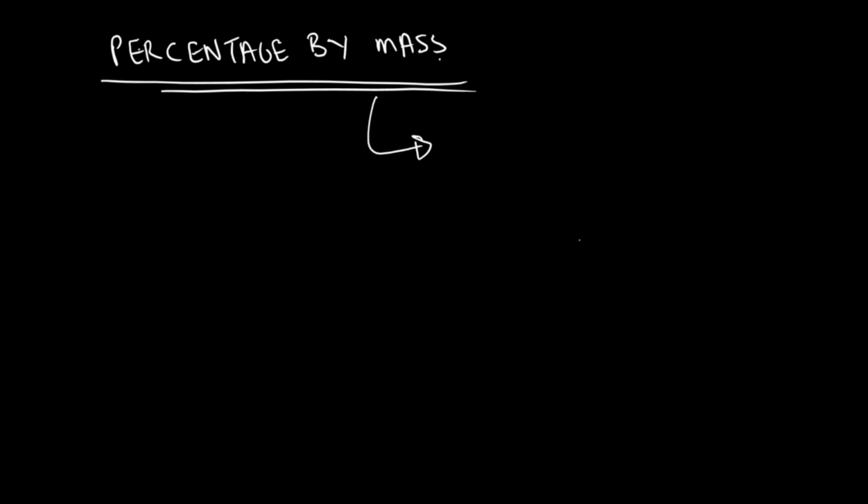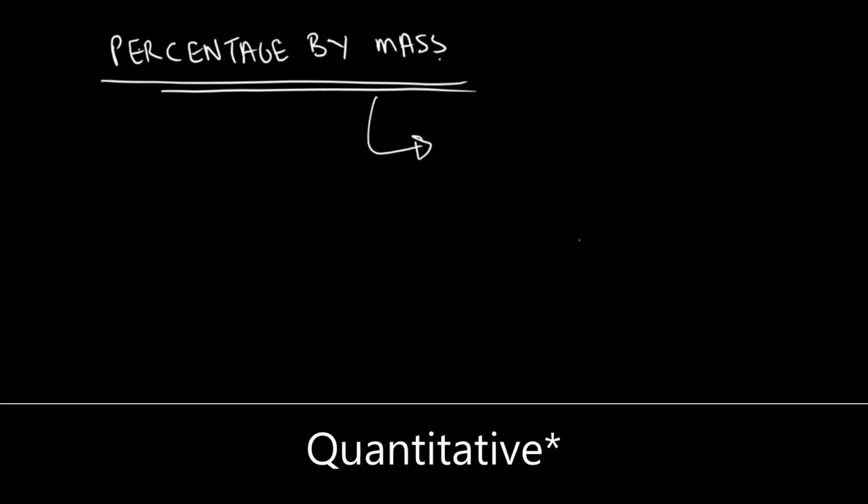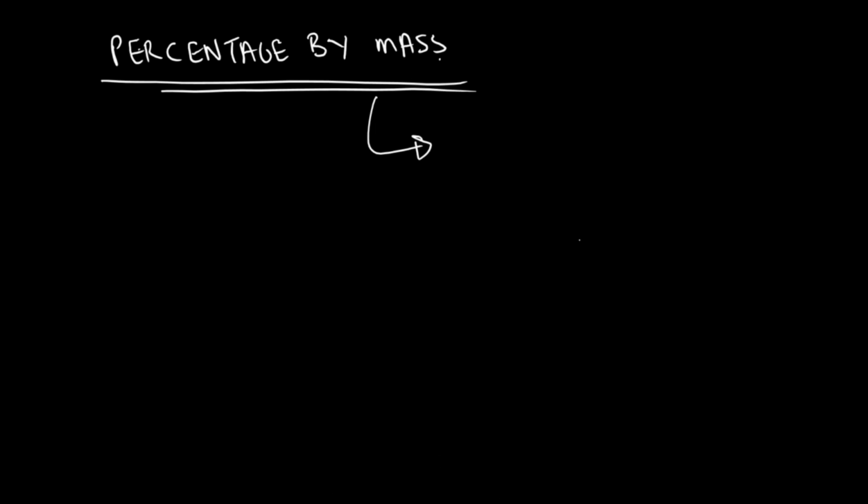Now, in order for me to know how much an element makes up a compound, I need not just quantitative data, but also qualitative data. So percentage by mass actually provides us with numbers, with figures, with actually a percentage, that tells us more about how much of an element exists in a compound.